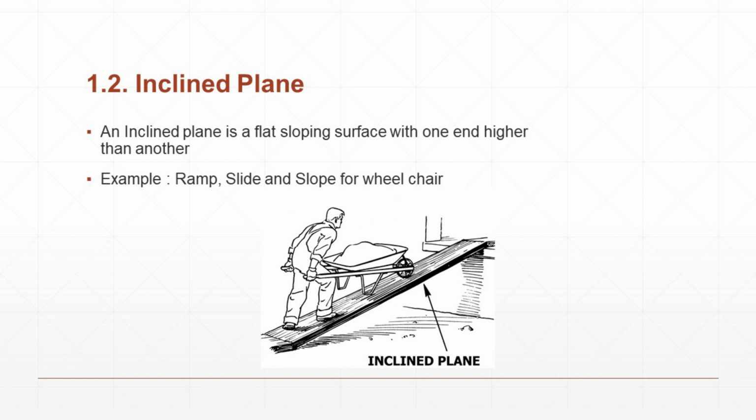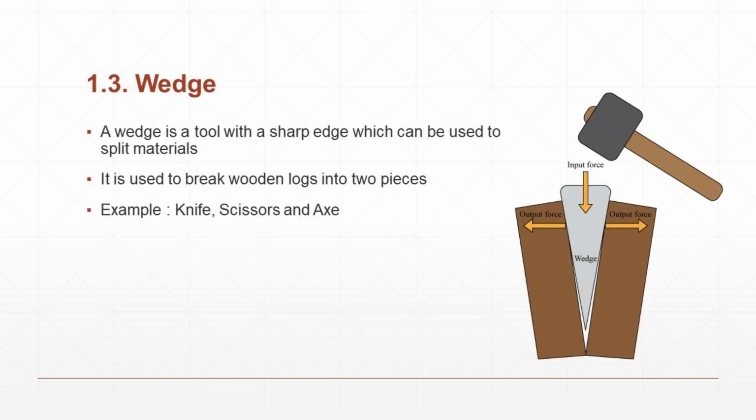Now pass on to the next simple machine, that is wedge. Look at the picture, you can understand what a wedge is. A wedge is a tool with a sharp edge which can be used to split materials.